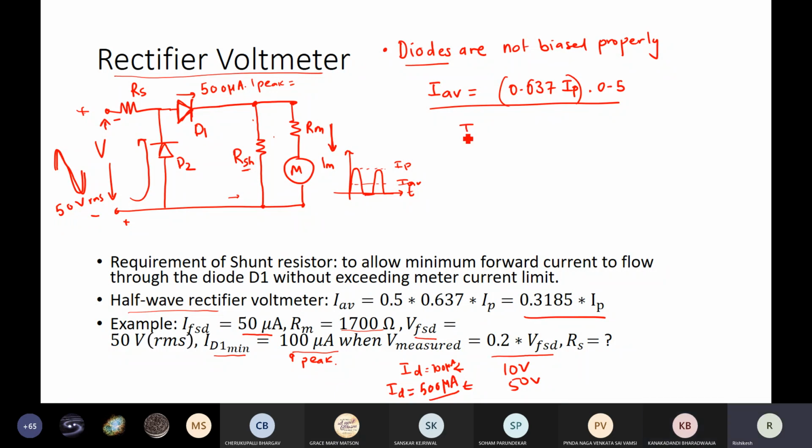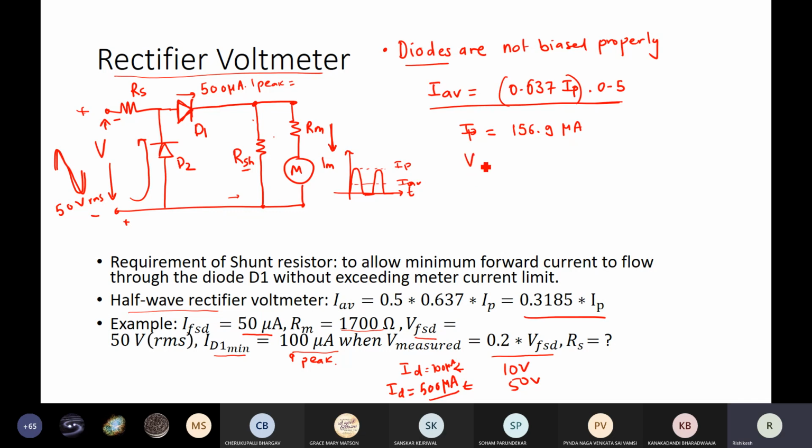Now calculate the corresponding peak current. Since it is a half wave rectifier, I peak is 50 divided by 0.318, which is 156.9 microampere, right? So now you have all the quantities.